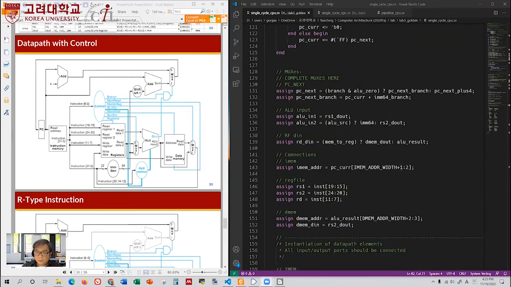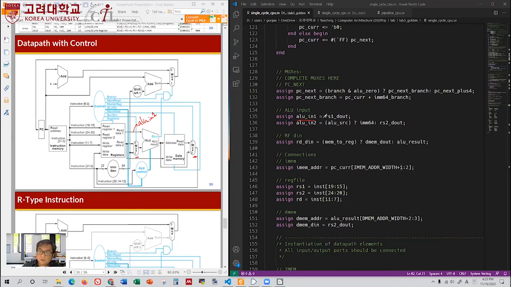And then you can find other muxes here. So actually there are two muxes. So this is the ALU input. ALU input 1, this is the ALU in 1.